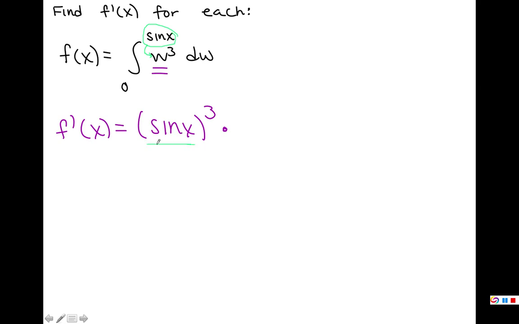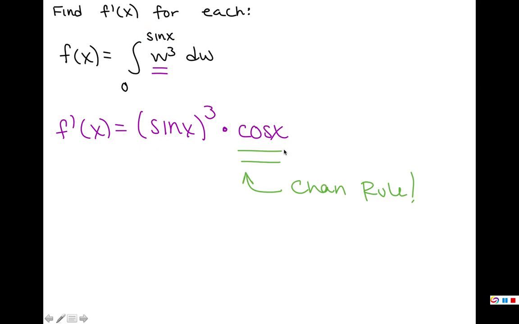Because I put a function inside a function, technically when you're taking the derivative, this is a chain rule problem, and the sine x is your inside function, so you're going to have to multiply by the derivative of sine x, which is cosine x.